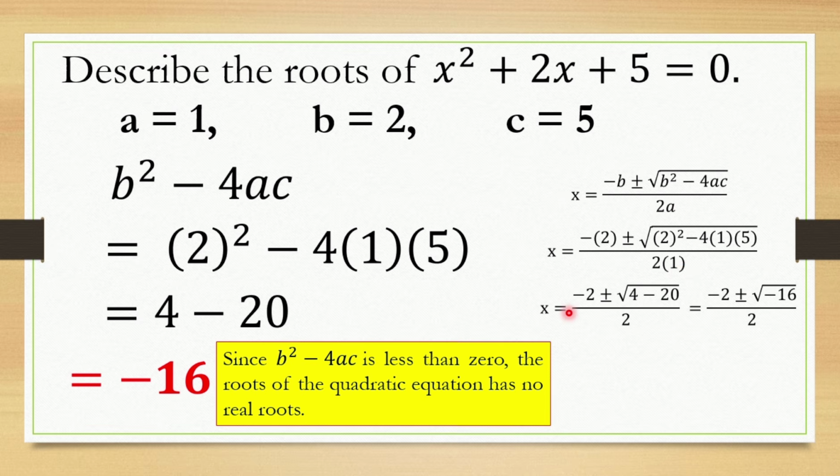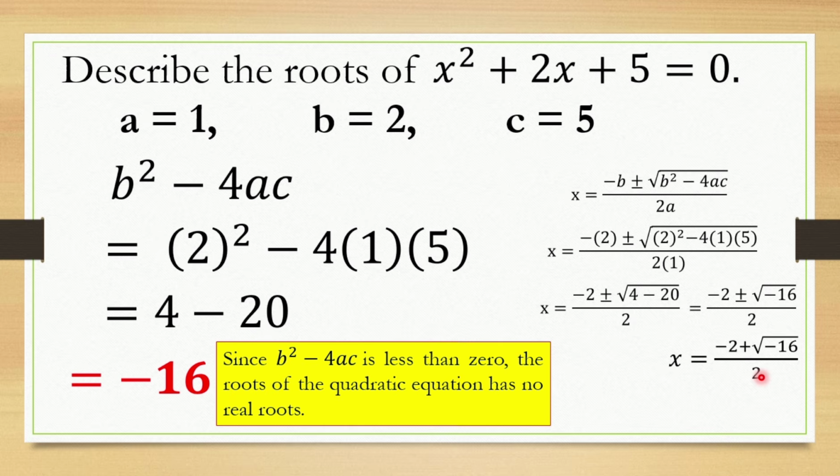So, we will have negative 2, positive or negative, 4 minus 20 because 4 times 1 is 4 times 5, that is 20, all over 2. So, we will now have negative 2, positive or negative square root of 16 over 2. Now, let's see the solution. So, we will have negative 2 plus square root of negative 16 over 2.